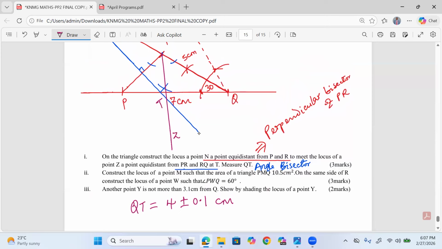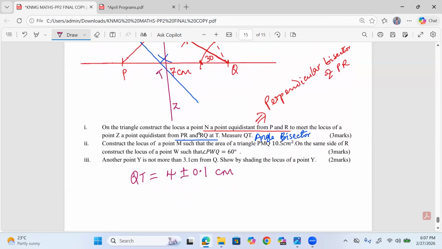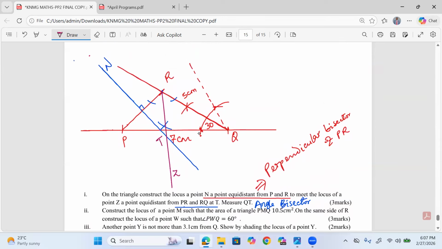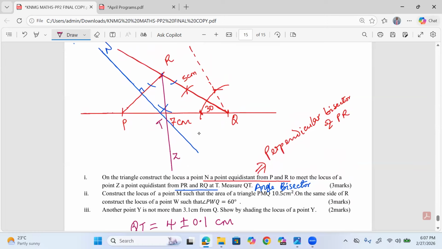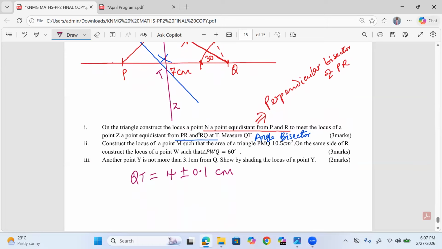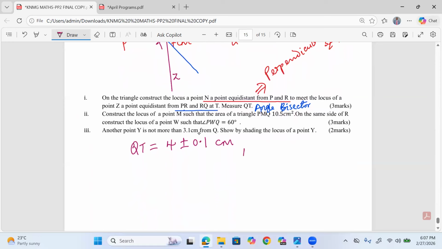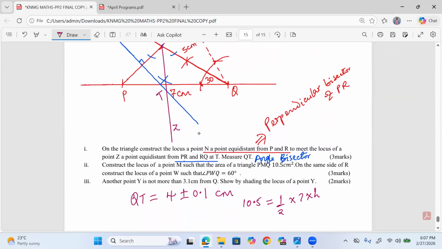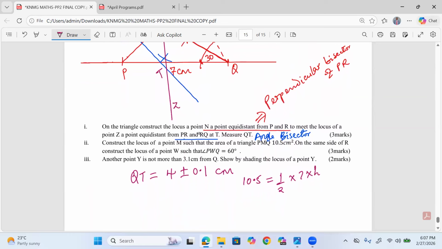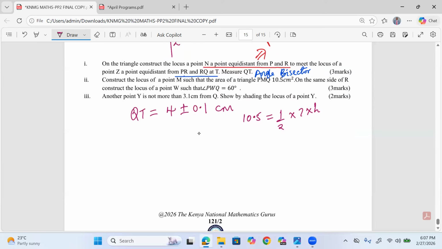When we are talking about area of PMQ, M is a point such that the triangle PMQ will have an area of half times a base of 7 times a known height. PQ is already 7. So M is supposed to be a certain height from PQ.